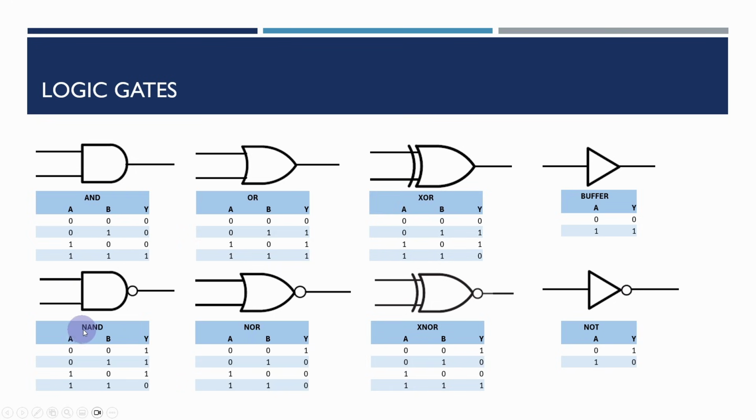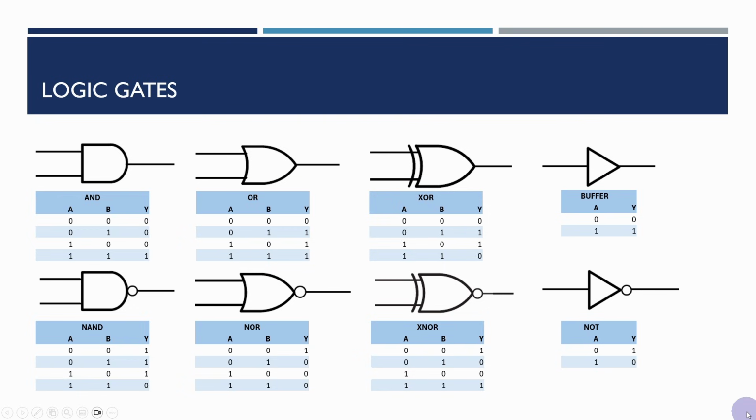You'll see that the NAND gate, or negative AND gate, will only produce 0 when both of the inputs are 1, and the NOR gate, negative OR gate, only produces a 1 when both the inputs are 0. Then the exclusive NOR: if A and B are the same, we get a 1, and when they're different we get a 0.